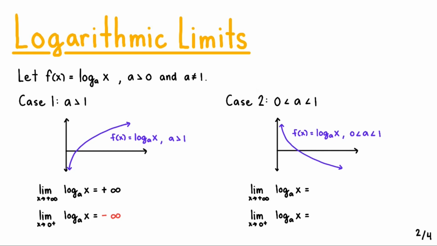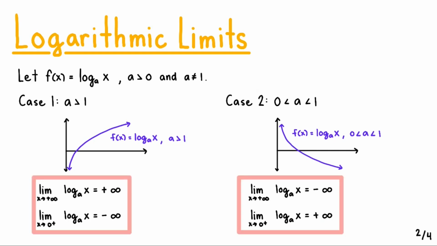For the next case, as it goes to positive infinity, it is represented by this part. Clearly, it approaches negative infinity, since it is decreasing. For the last one, as x approaches 0 from the right, it would be represented by this part, which clearly goes to positive infinity.